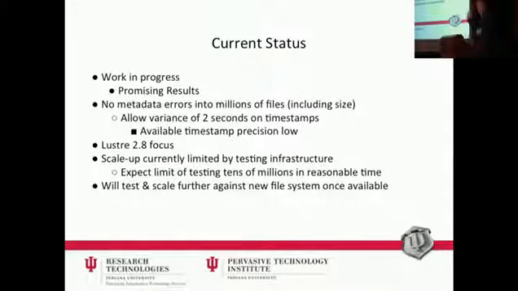And I think one of the things that we've been sort of surprised about, particularly using Python, is that the Zester tool itself currently isn't the thing that's limiting our ability to scale up. It's our testing infrastructure.